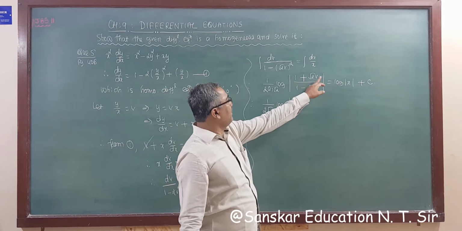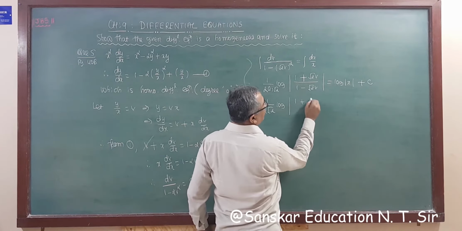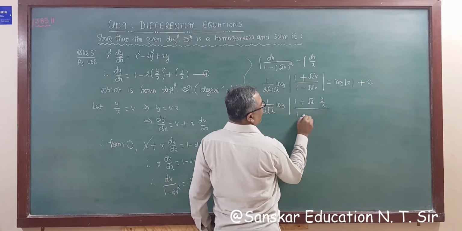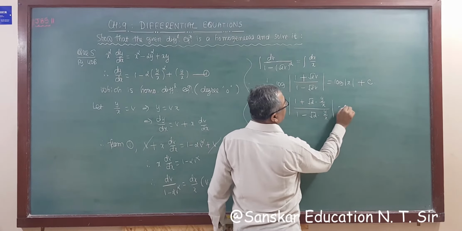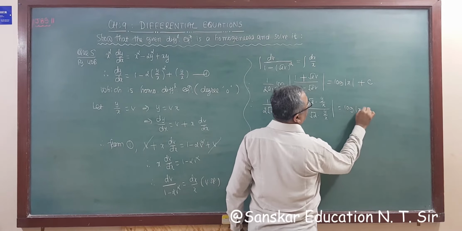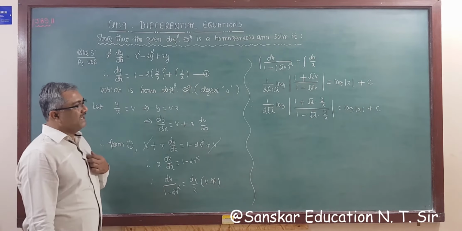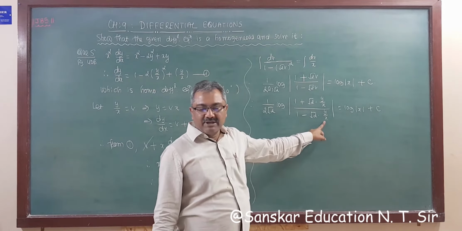Now v, what is v? v is y by x, so substituting the value: 1 plus root 2 into y by x whole upon 1 minus root 2 into y by x is equal to log mod x plus c. So taking LCM, we get x as LCM.